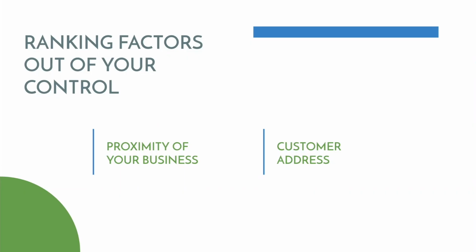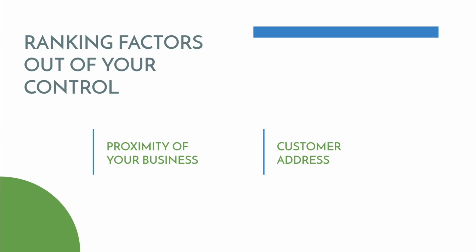Google simply wasn't as good at detecting the location of the searcher. It defaulted to showing businesses in the areas of highest population density. That factor has declined in importance due to mobile. Google has gotten way better at detecting the location of desktop searchers as well. And the second factor is having an address in the city in which your customer is searching.